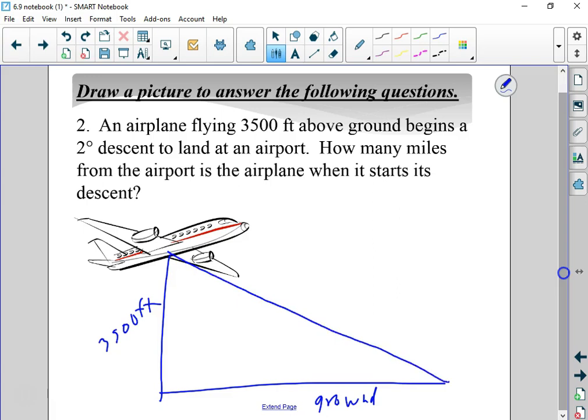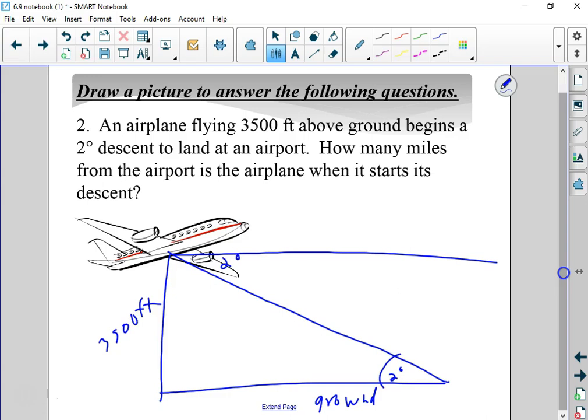Wow, that was a thing of beauty. Didn't even try that, it just worked out. So it's going to have a 2-degree descent. Remember, here's the horizontal line, so the descent goes here, but we're just going to put it down here, 2 degrees. Even though it's descent, it's the same thing.